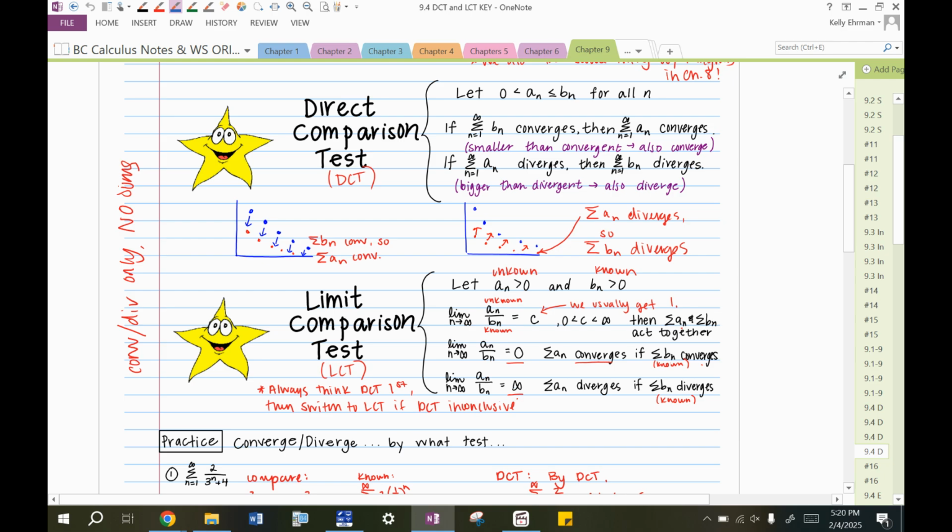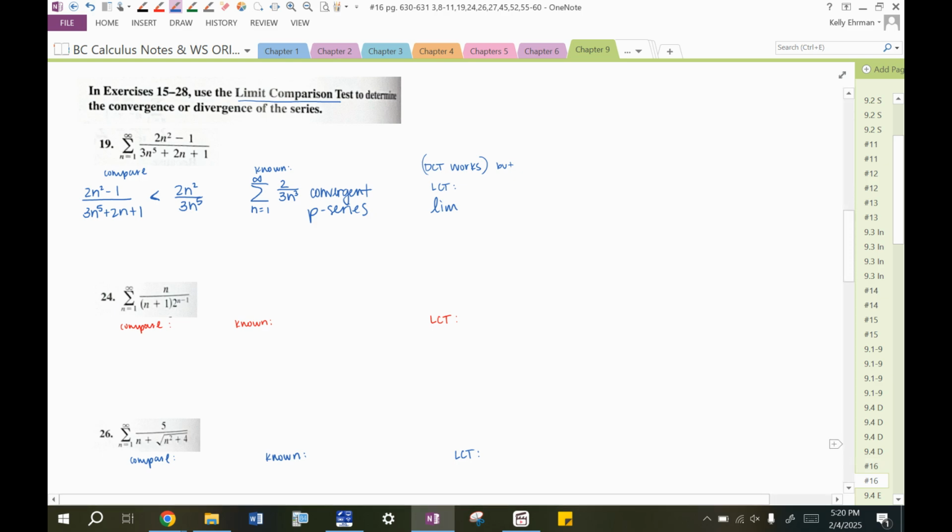But otherwise, we're pretty much always going to be getting an answer for these. So even if DCT would have worked, limit comparison test, I think, should draw the same conclusion. The reason that direct comparison works is because if you can do it, it saves you from showing this limit work. And I think kind of logically it makes sense too.